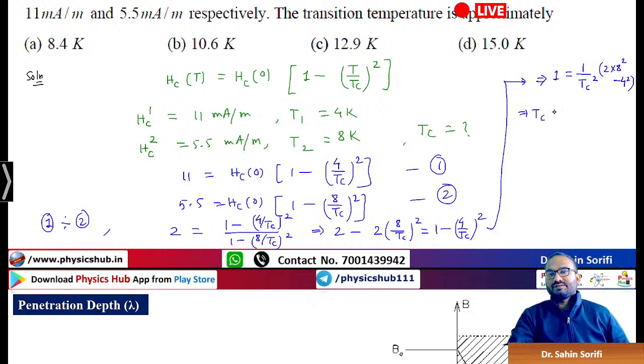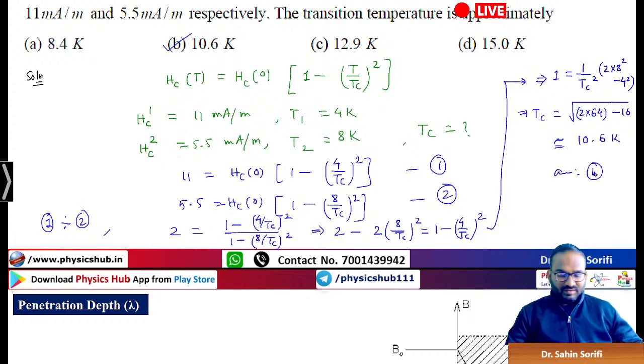That means Tc is equal to square root of 2 into 8 square minus 4 square, means 6. Whatever is the answer, that will be approximately 10 point. Clear?